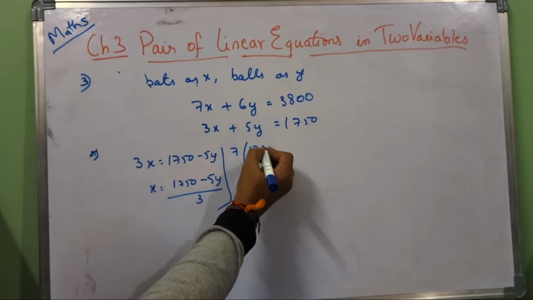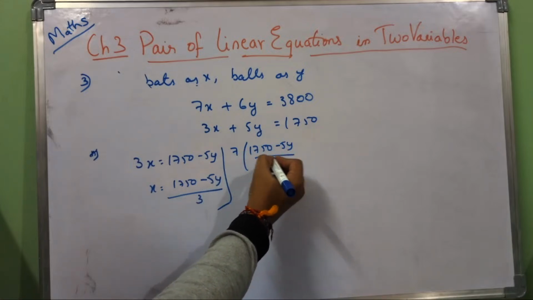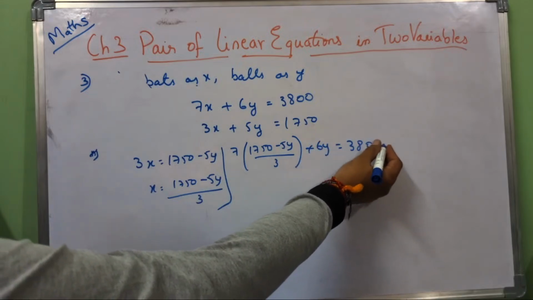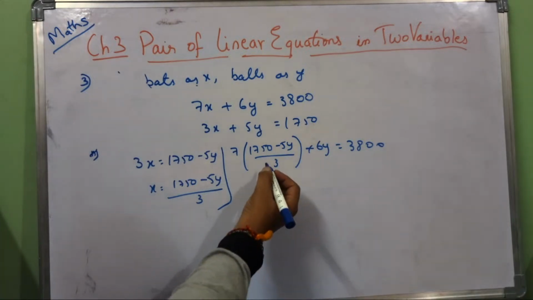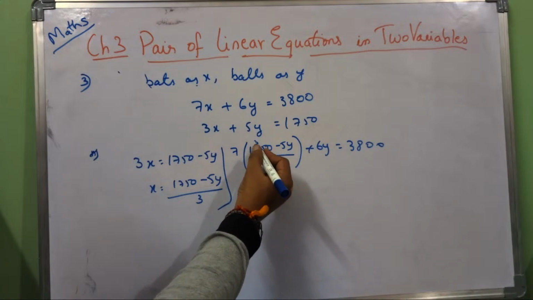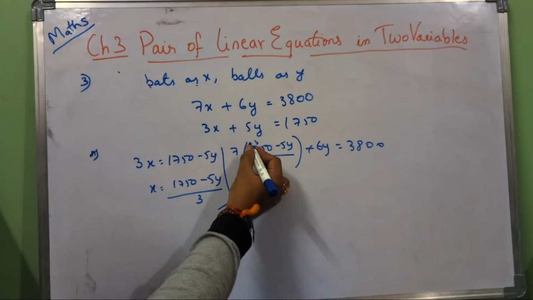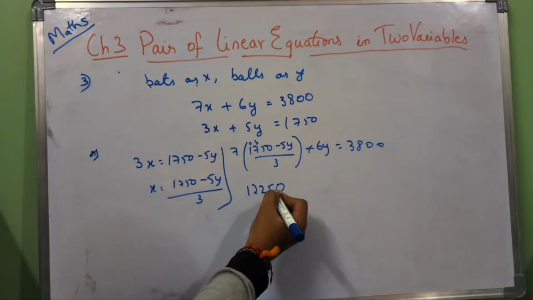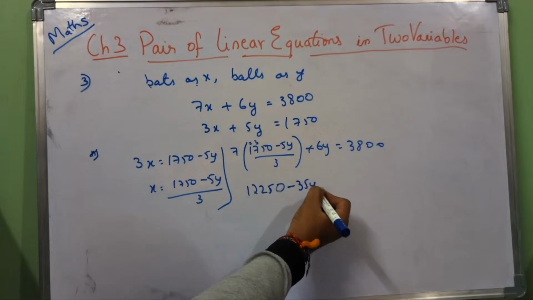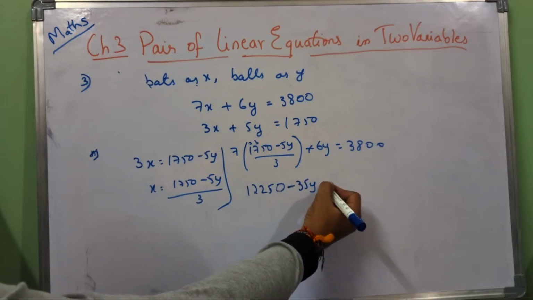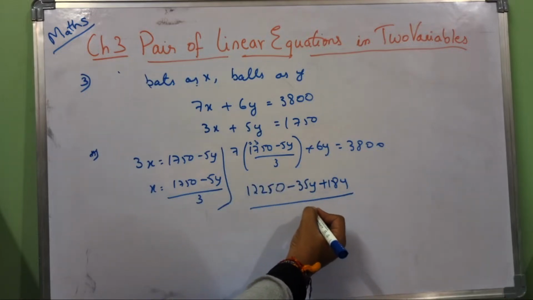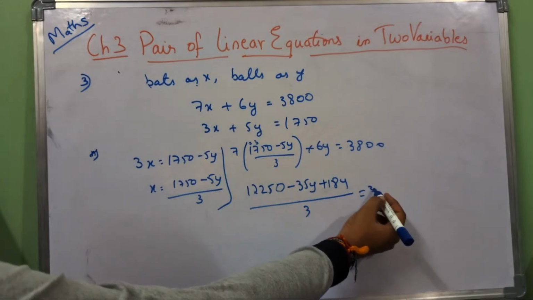7 into (1750 minus 5y) by 3 plus 6y equal to 3800. 7 times 1750: 7 5s are 35, 7 7s are 49, 49 plus 3 is 52, 7 1s are 7, 7 plus 5 is 12, so 12250 minus 35y, plus 6 times 3 is 18y, by 3 equal to 3800.